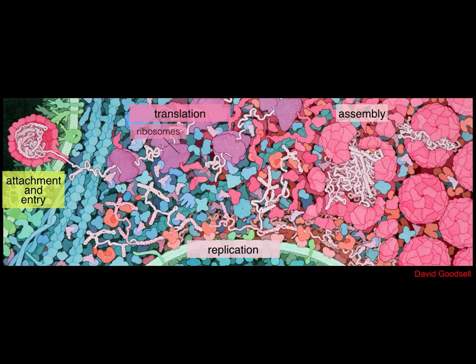So now we have all these new particles that we call virions that are going to go outside the cell, and they're going to go infect a new cell. Now the genetic material is protected by this protein, by this shell or coat or capsid.